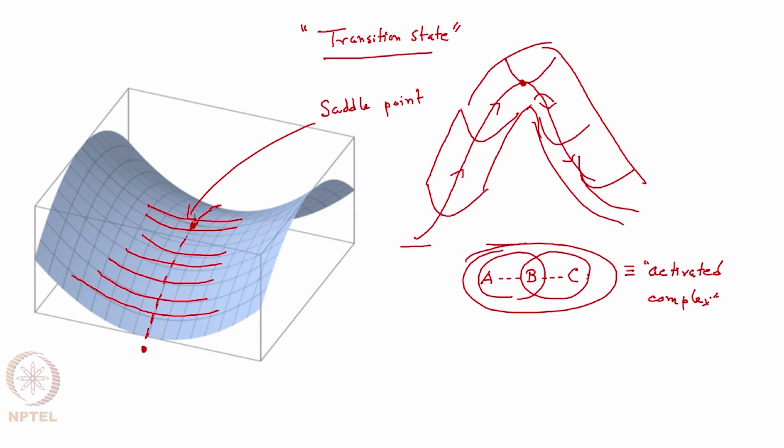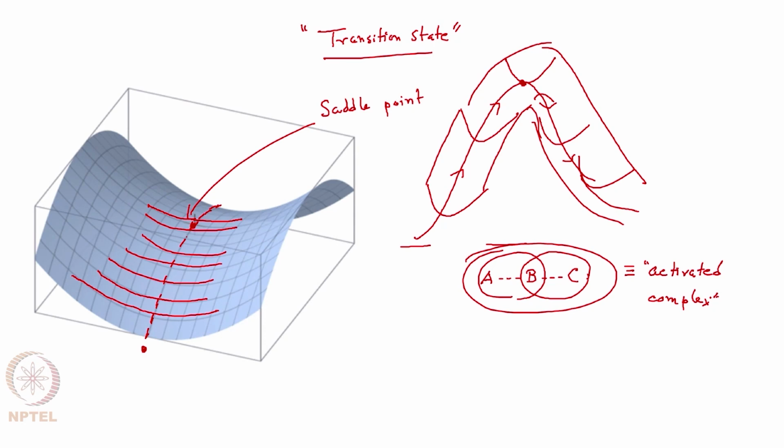So I am at a saddle point geometry, and that state is very short lived, and that state they called a transition state. They visualized the transition state like this for an atom-diatomic collinear reaction, where one bond is getting formed and one bond is getting broken, that intermediate state.